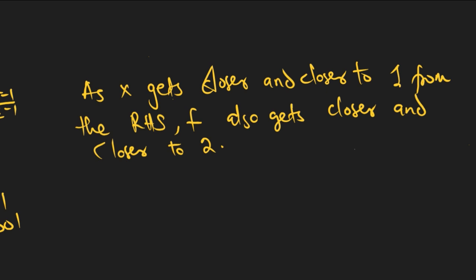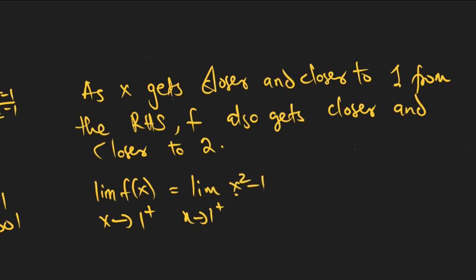In notation form, you can write the limit of f of x as x approaches 1 from the right hand side, so I write 1 plus, of x squared minus 1 over x minus 1. This is giving us 2.